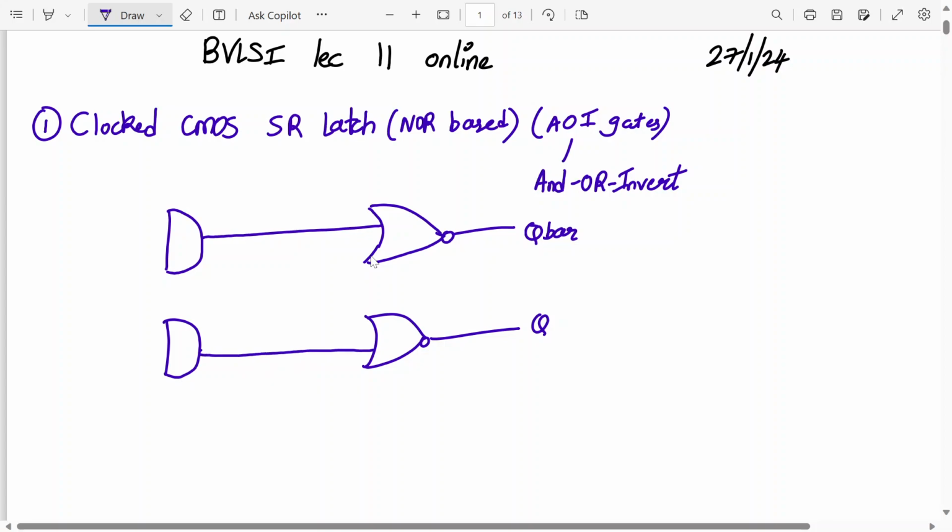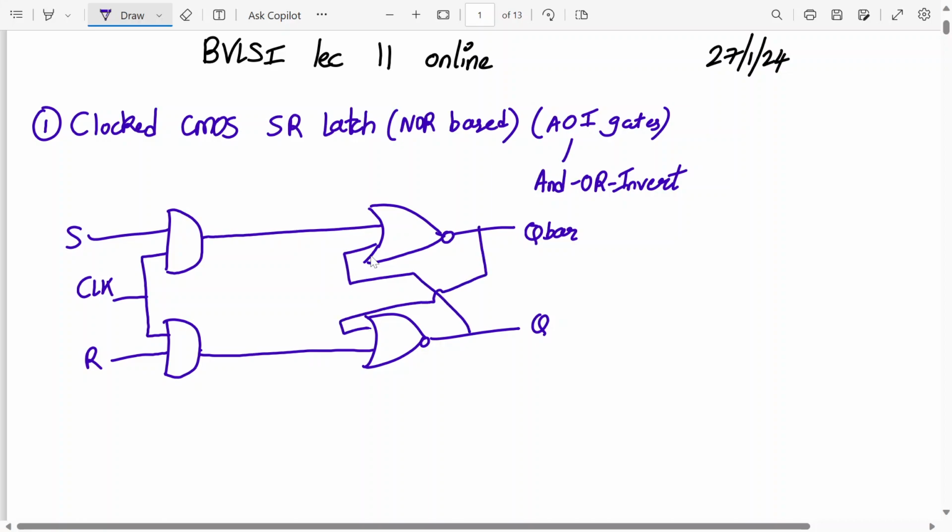Now tell me, where will you connect S, R and clock? So the common terminal here will be clock, this will be S, this will be R, and that's it. Any cross couple thing, here it is. So this is my clocked SR latch using AOI gates.